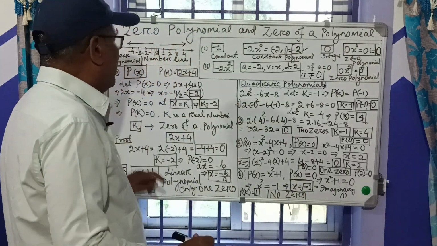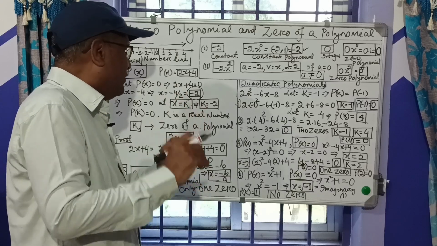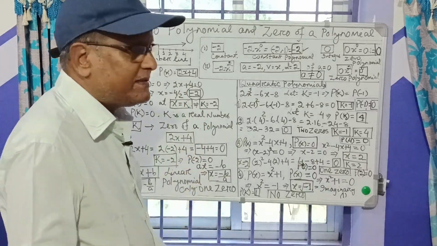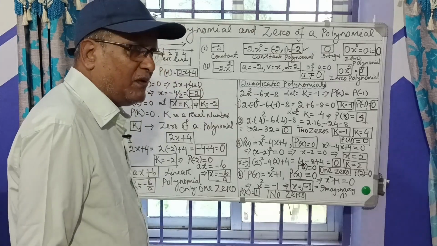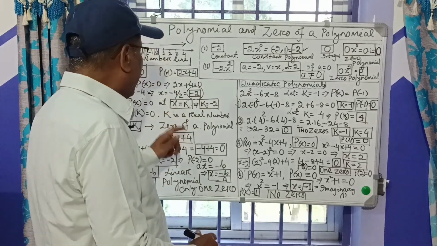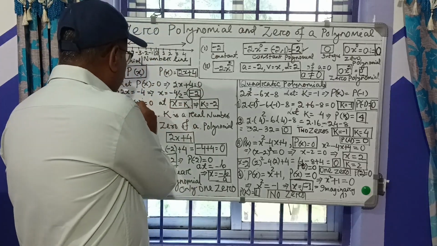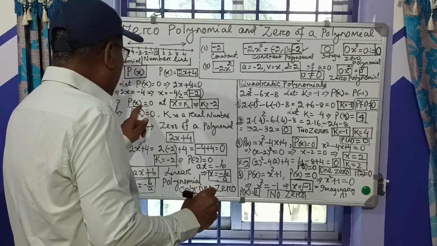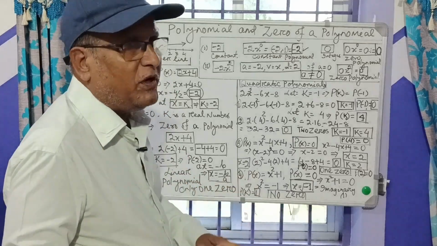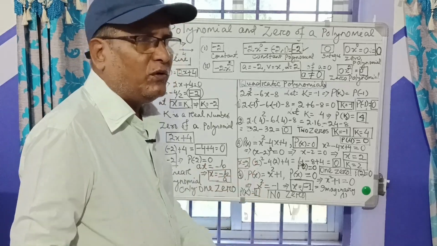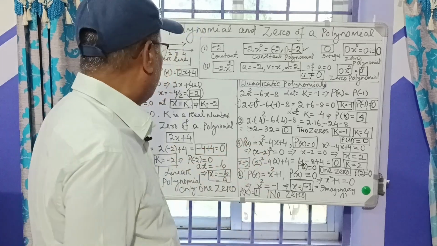For that value of x, that polynomial becomes 0. If we put that value of x here in the polynomial, the result of the polynomial will be 0.